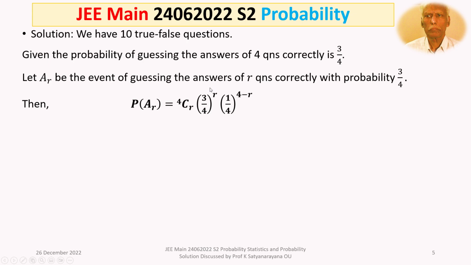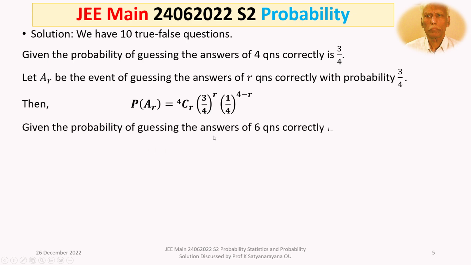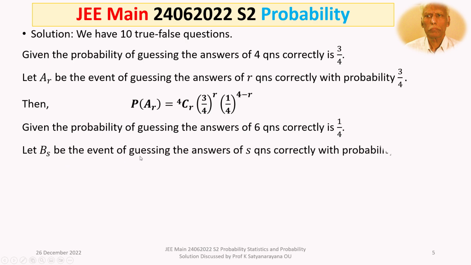If the question is with the probability 3/4, then I'll say it is an A type question. And given the probability of guessing the answers of 6 questions correctly is 1/4, this is called a B type question. Let B_s be the event of guessing the answers of s questions correctly with the probability 1/4.